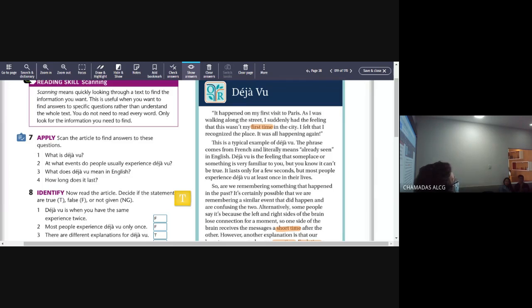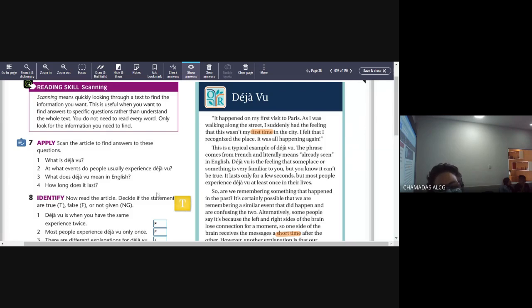I cried and I said, I know this place. I've been here before. The feeling was so strong. My mother looked at me and she said, are you okay?